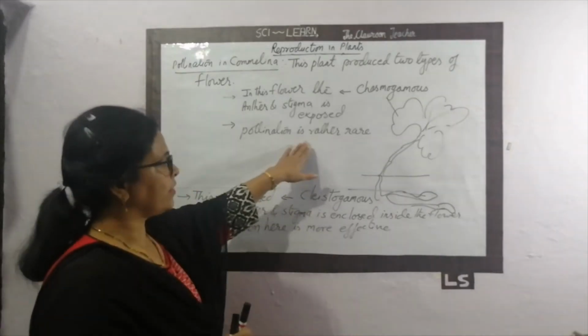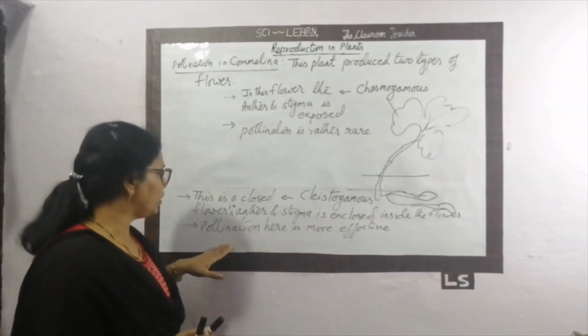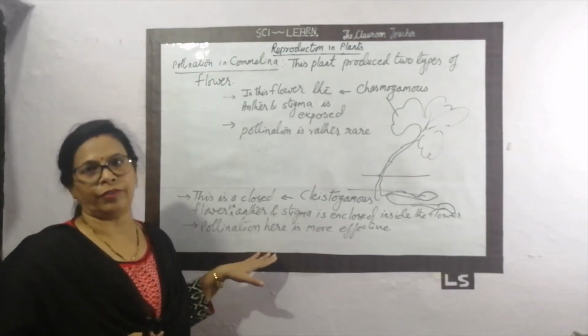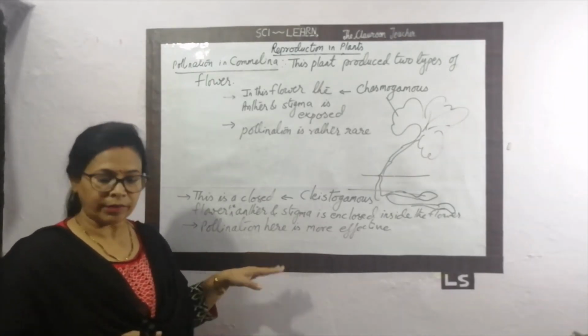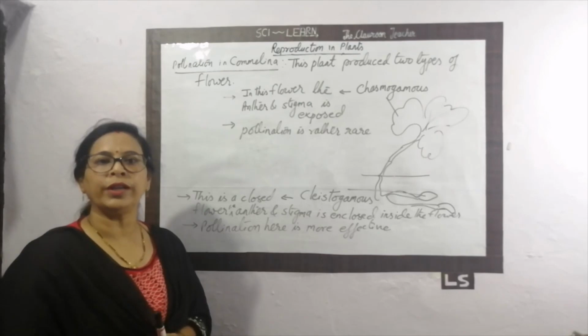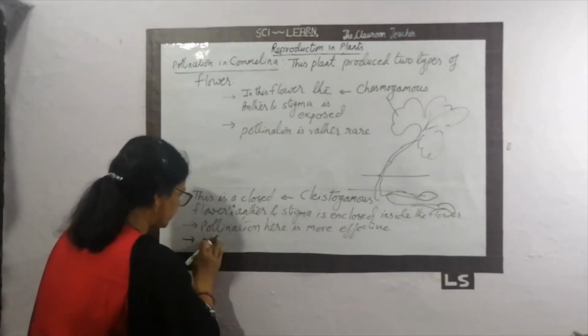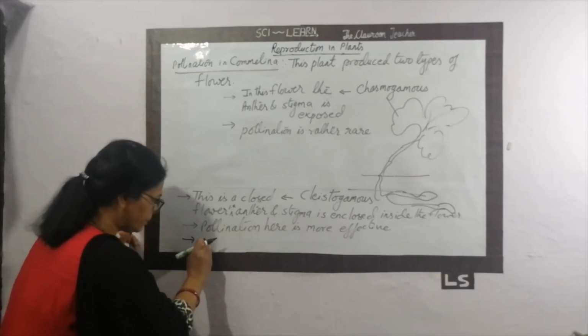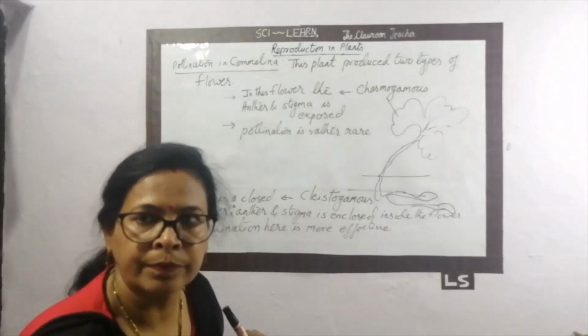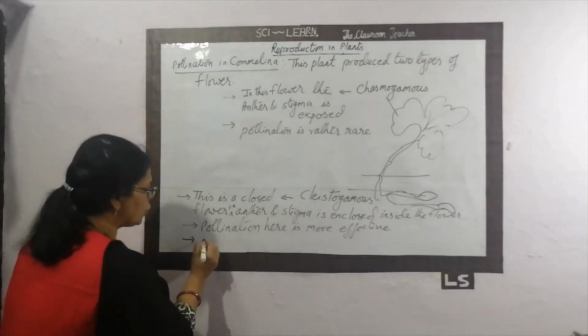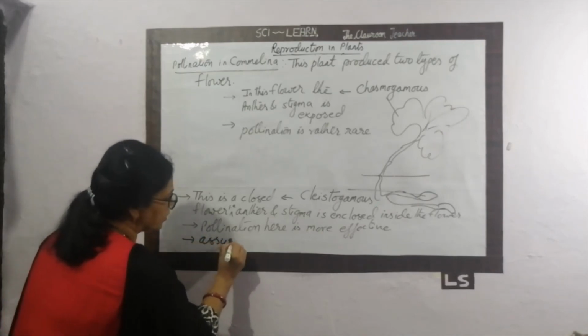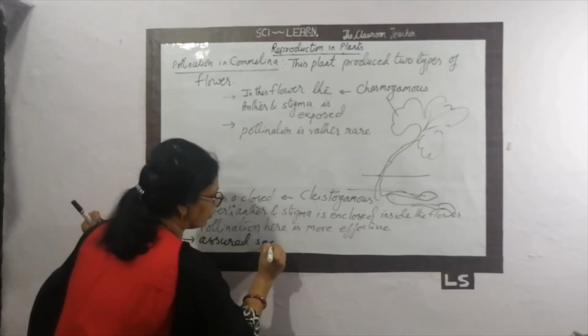So pollination is rather rare here, but pollination here is more effective. More effective, it means there is assured seed formation.